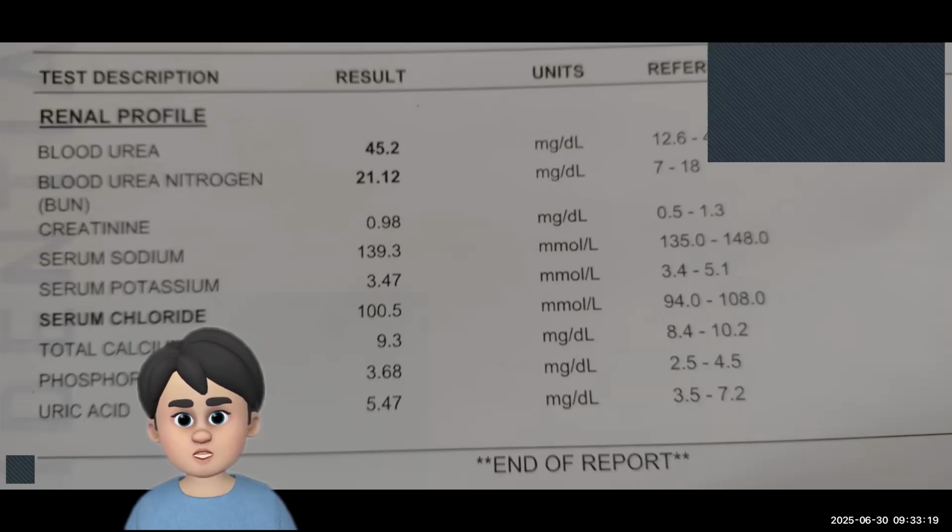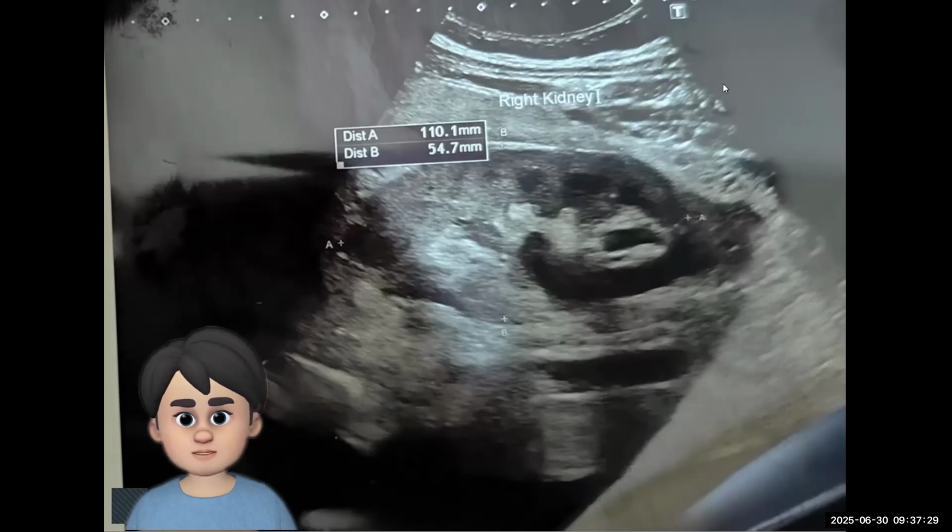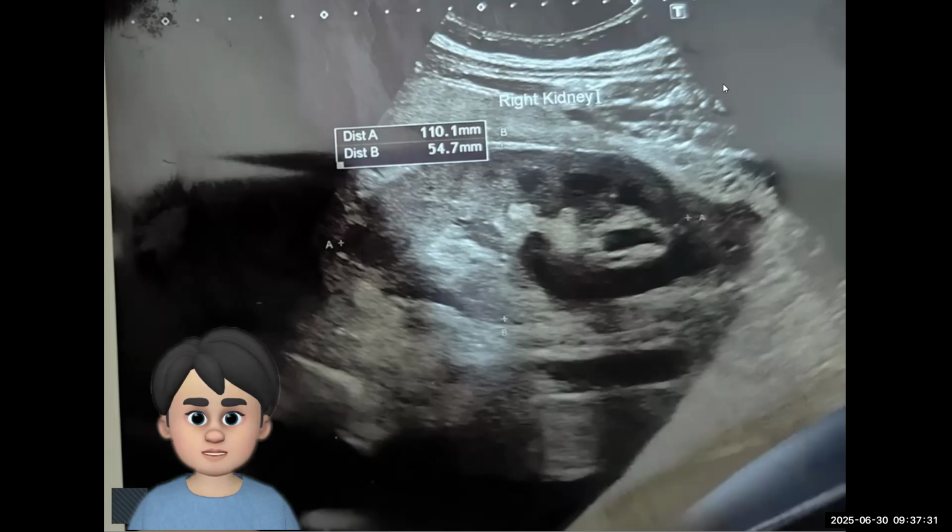This is a real case, right? This is the ultrasound scan of that same patient. We identified it as a hydronephrotic kidney, hydronephrosis.